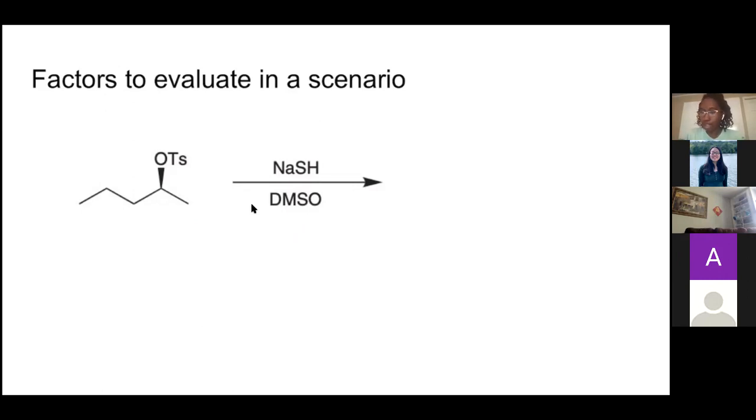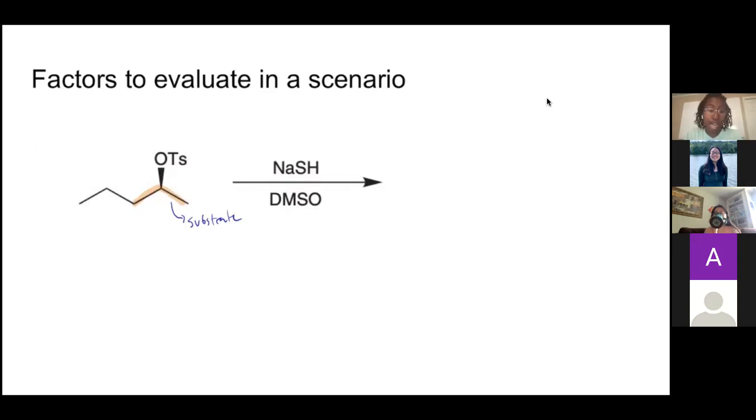So the first factor, which you might have noticed, is of course we have our lovely substrate. Does anybody know what type of substrate that we're looking at right here? I'm just going to highlight it in brown. So this is actually a secondary substrate because our carbon right here is attached to two other carbon groups.